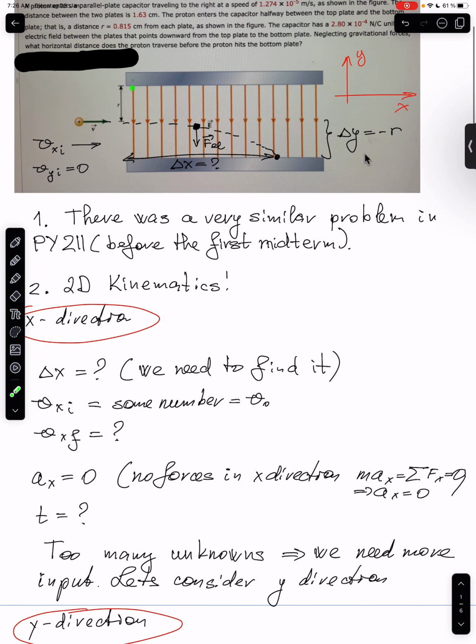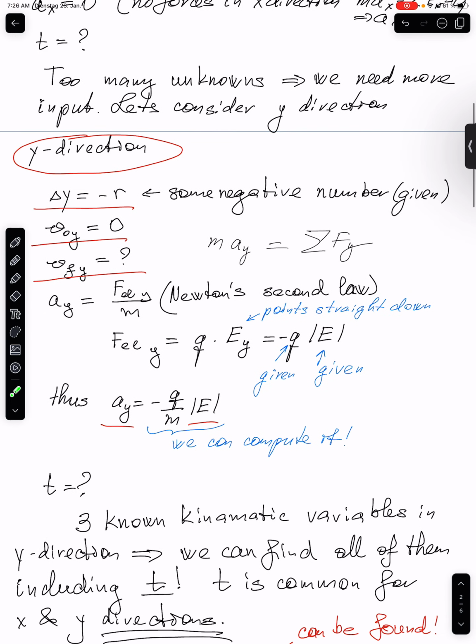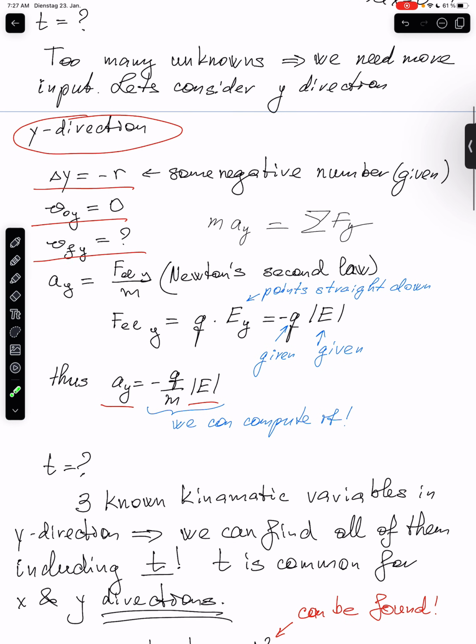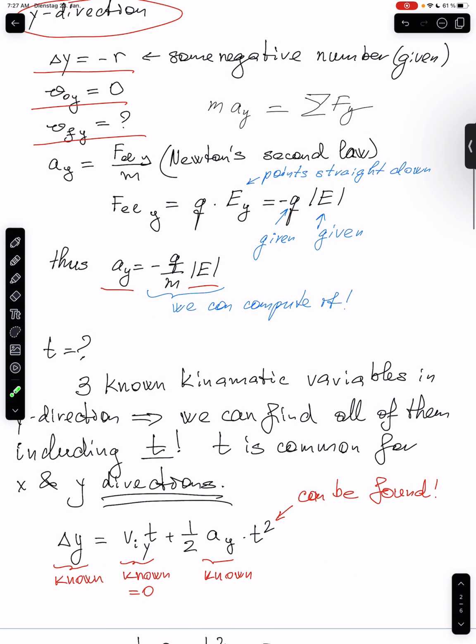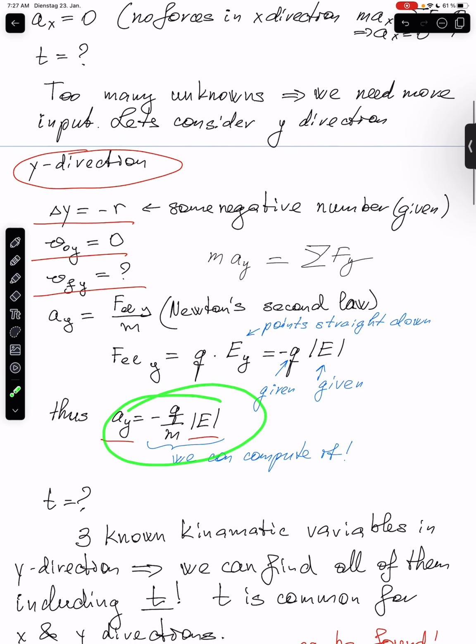It's opposite to the y axis, as I show in this figure, and therefore there is a minus sign in front, and here I write the magnitude of this electric field, and this is given. So one should not forget about the minus sign over here. Therefore the acceleration in the y direction is negative. That's kind of clear as well, because this proton will accelerate down and eventually fall on this plate. The acceleration is negative, and its magnitude is given by this equation over here.